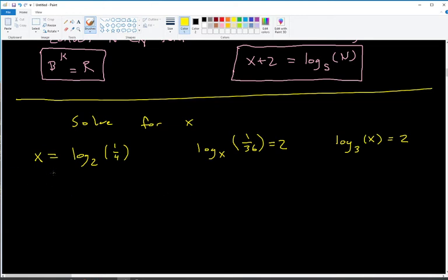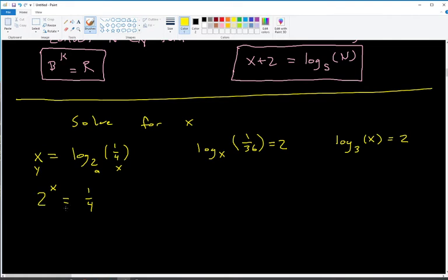Okay, for the first one, we're going to convert it over to exponential form. A is this low power here, so we get 2 to the y, which is x, equals 1/4. So this is a, this is x, this is y. So I get a to the y, 2 to the y is x, 2 to the x equals 1/4. And then I need to solve this for x.